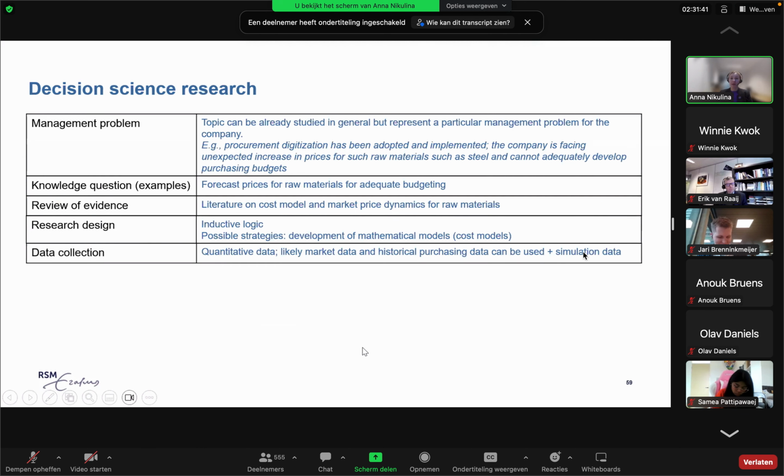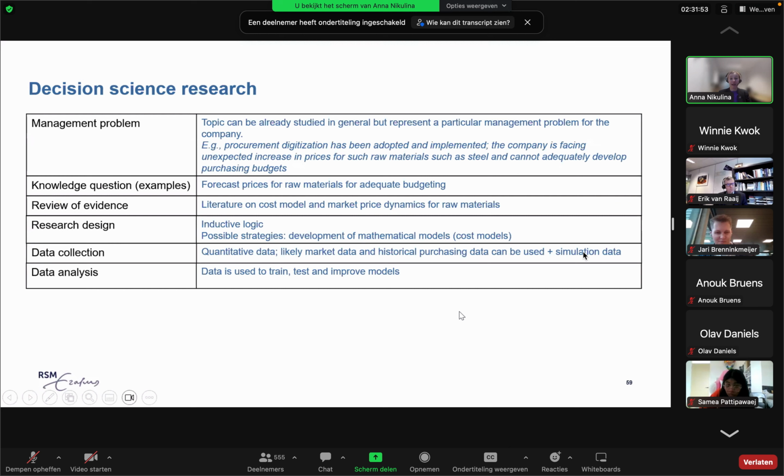Quant data, again: market data, historical purchasing data, and simulation data, because you probably want different scenarios of how things will work, assuming different price levels and different dynamics and developments in the market. You will have both empirical and simulation data to train, improve, and test the models.